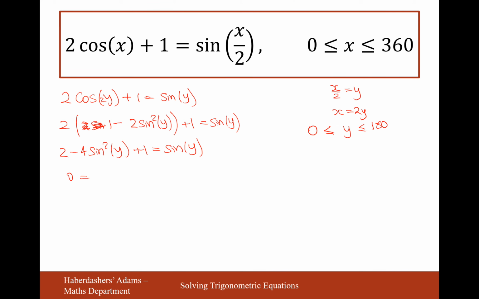Let's move everything onto the right hand side, and we're going to get 4 sine squared y. 2 plus 1 is 3, so it would be minus 3. So it's plus sine y, and then minus 3. Let's see if we can factorize it now. I think 4 is going to be in one of the brackets, just a sine in the other.